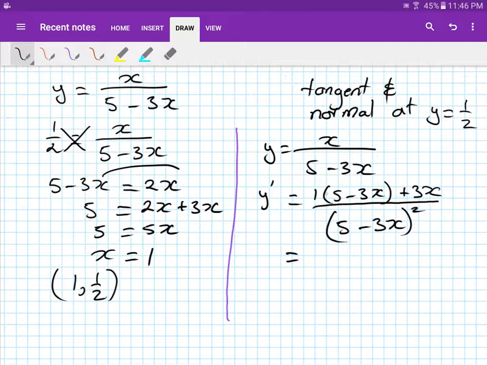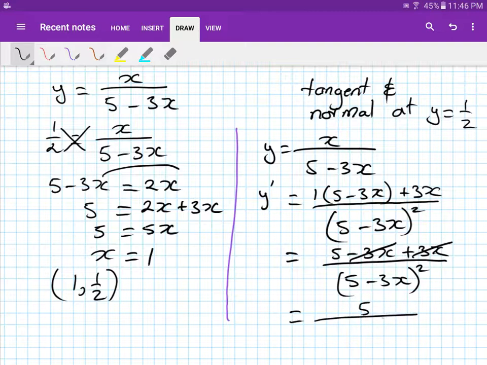Then I simplify. Slowly write it down first. Now I cancel this out, of course, to simplify. So your answer is 5 over 5 minus 3x all squared.